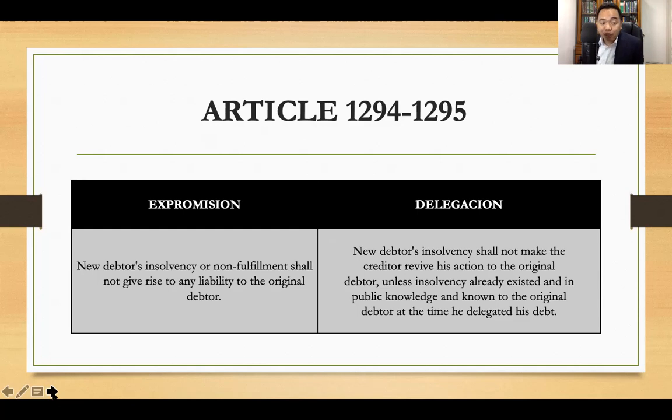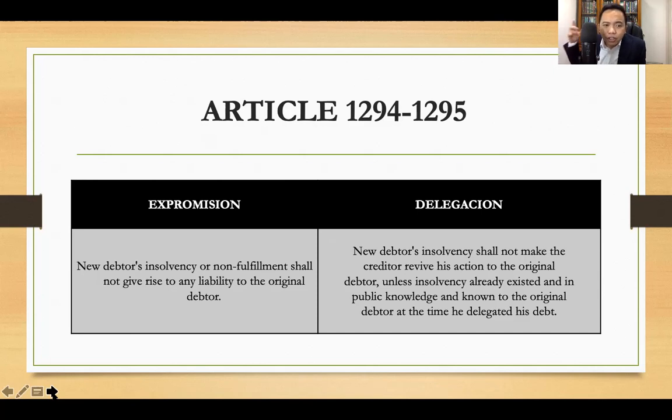Ito ang pinaka-important na portion. Kapag ang third person ang nag-initiate ng payment without the debtor's consent, there can only be beneficial reimbursement. There is no right of subrogation.